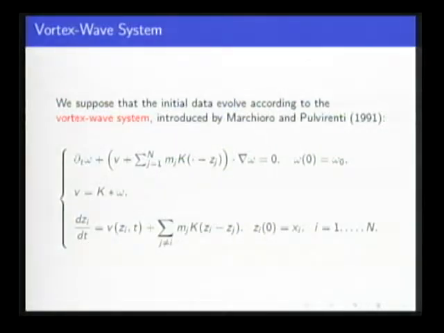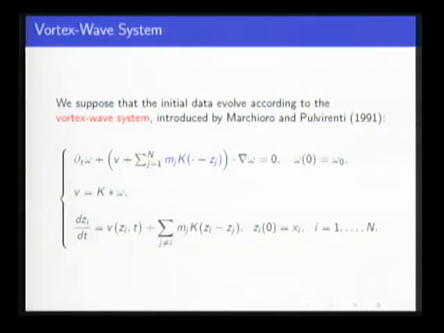It's clear that if my background vorticity omega is identically 0, we recover the point vortex system. We call a solution of the vortex-wave system a background vorticity omega together with the vortex trajectories zi.